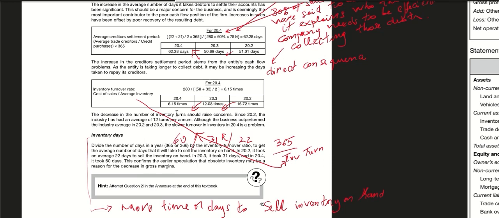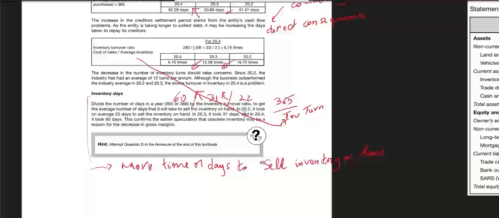So we take 365 divided by 6, and we can fairly get, for 2022, it's 22, and 2024, it's 60 days. So we went from 22 days to 60 days, right?